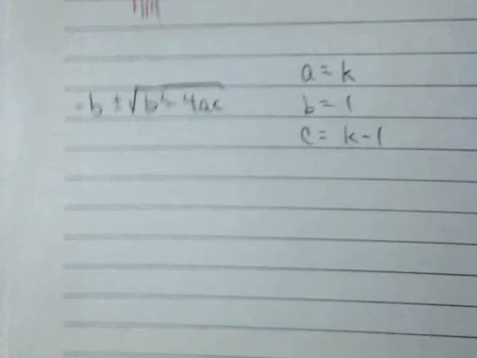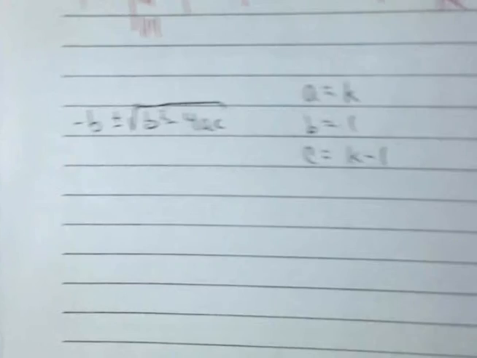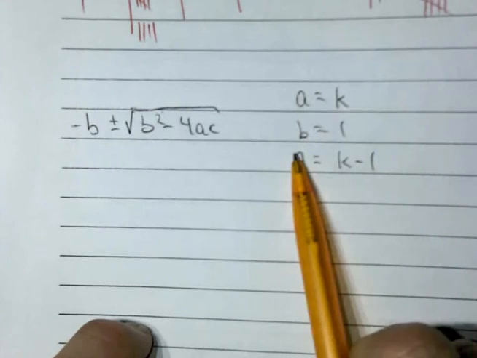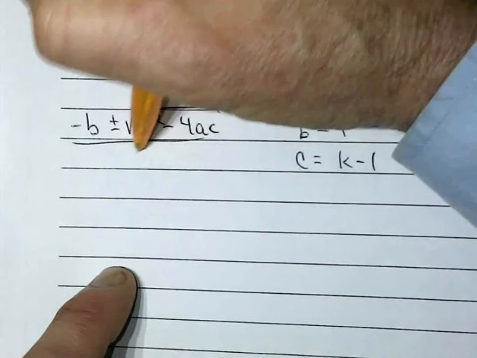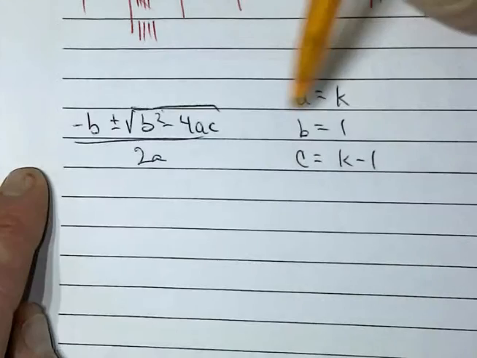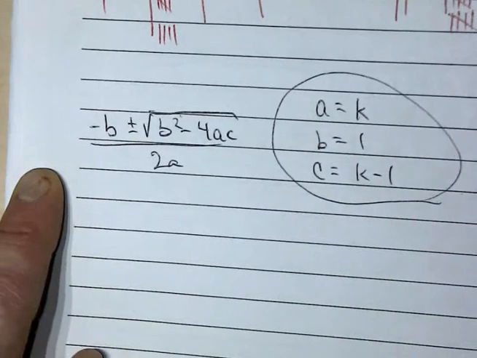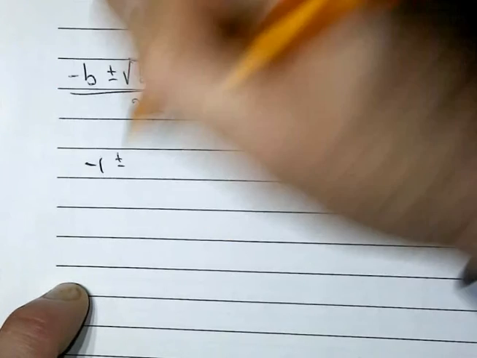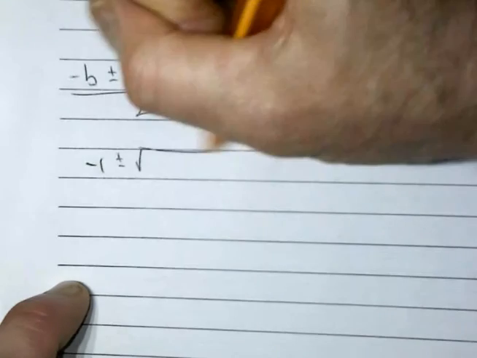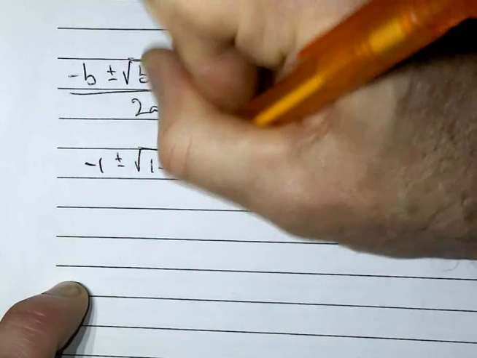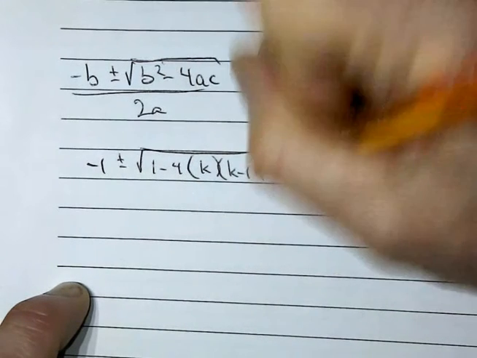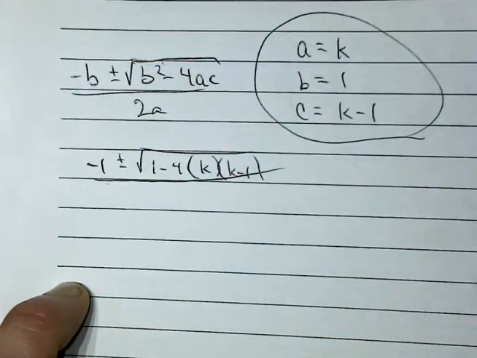So the discriminant part, b squared minus 4ac, I'm going to substitute in there, the whole thing divided by 2a. So I'm going to now substitute in my values of a, b, and c into the quadratic formula. So the opposite of b is going to be negative 1 plus or minus square root of b squared is 1 minus 4 times a times c, whole thing divided by 2a.